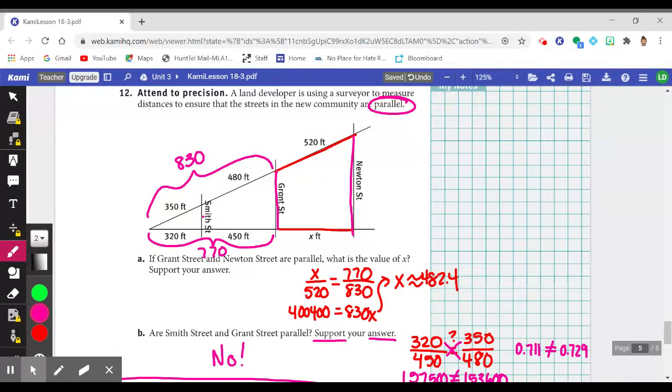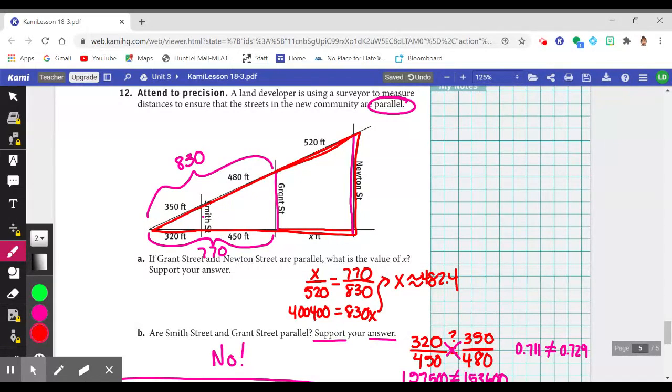And why is that important? So we almost need to ignore Smith Street right now and the division between these two segments here. I'll tell you why. Because if these two segments are parallel, then it divided this larger triangle proportionally right here at Grant Street, not also at Smith Street.